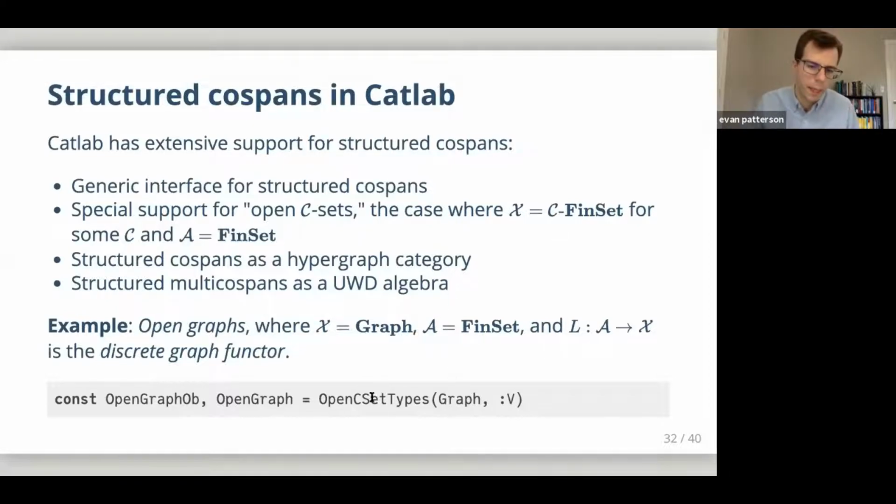CatLab lets you construct types for these that you can compose with one line of code, because it knows how to work with C-sets. For structured cospans, we've implemented the structure of a hypergraph category, but more to the point for today's talk, structured multi-cospans, which we'll see in a moment, form a UWD algebra.